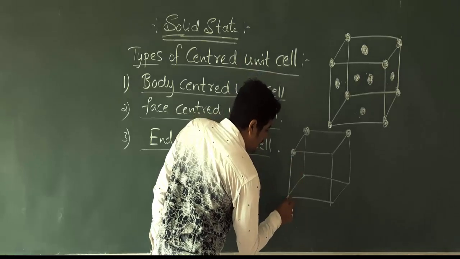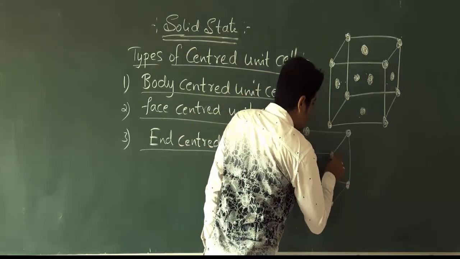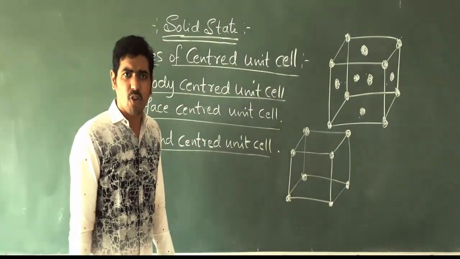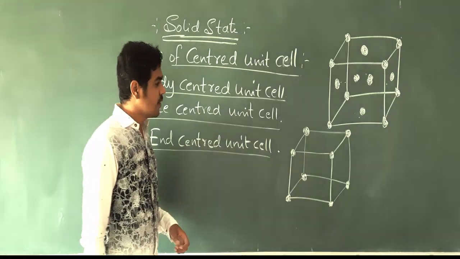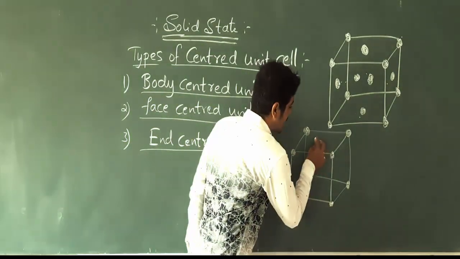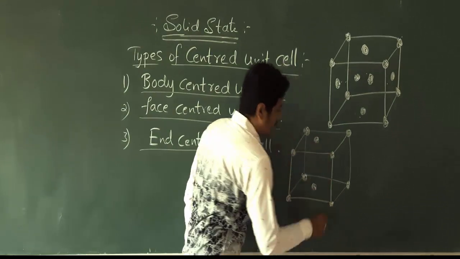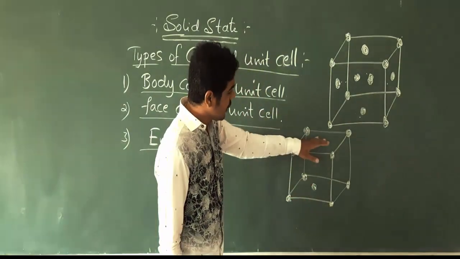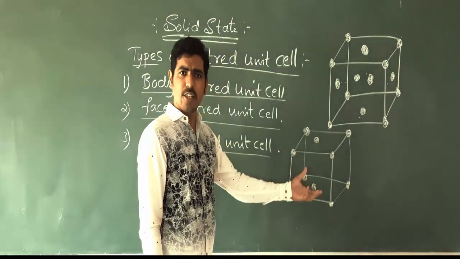The particles are always present at the corners in all types of unit cells, and in the end centered unit cell, along with the corners, the particles are present at any 2 opposing faces. Here I have taken the top face and bottom face of this cube.